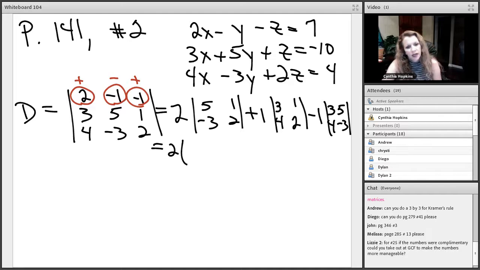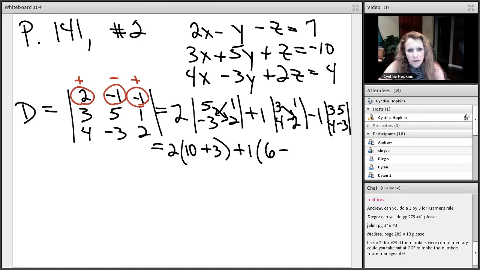Okay, so underneath here, I'm going to write 2 times. I'm going to do my crisscross applesauce. Evaluating a determinant, you go 5 times 2, so that's 10, minus 1 times -3. So minus a -3 becomes plus 3. Okay, then I have plus 1 times 3 times 2 is 6, minus 1 times 4 is 4. And I'll go back and evaluate those in a moment.